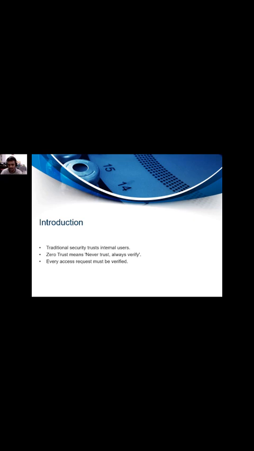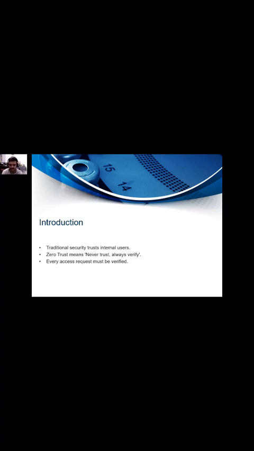Applications are hosted on cloud platforms, not just in a company data center. The zero trust model changes this mindset. It says never trust, always verify. That means every single access request, whether from a manager in an office or an intern using a laptop at home, must be verified and authenticated before allowing access.